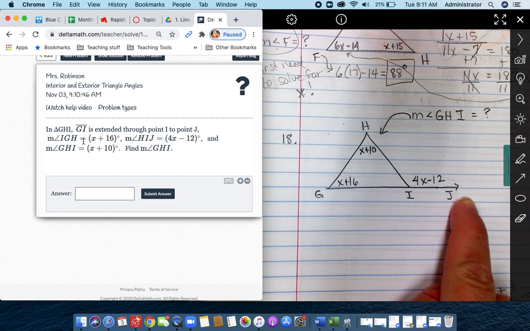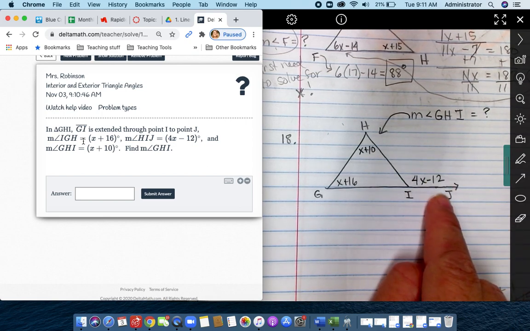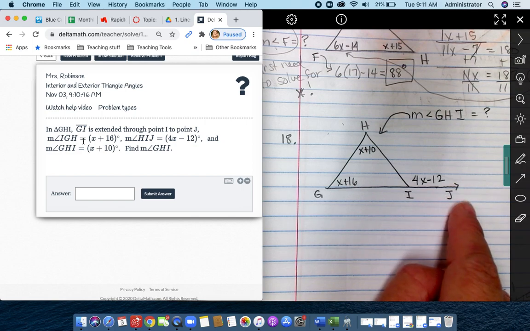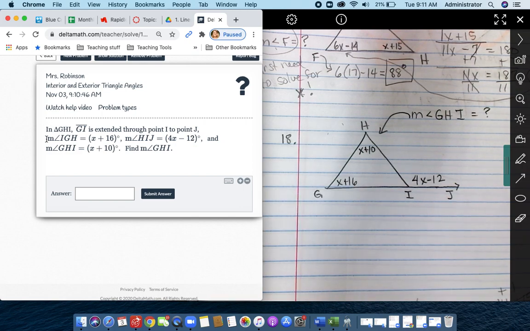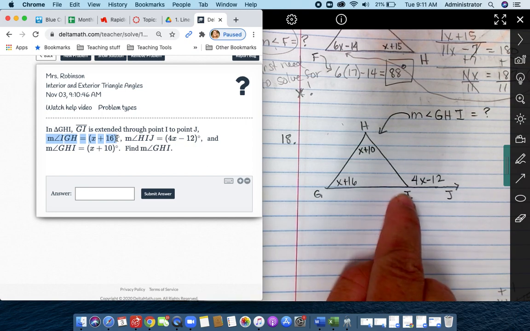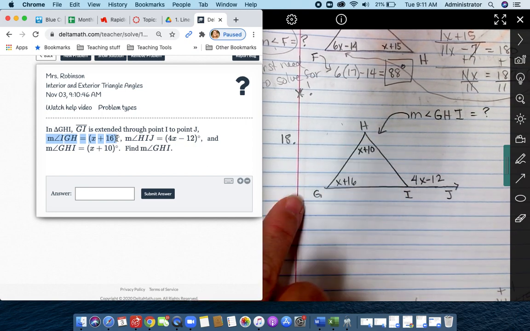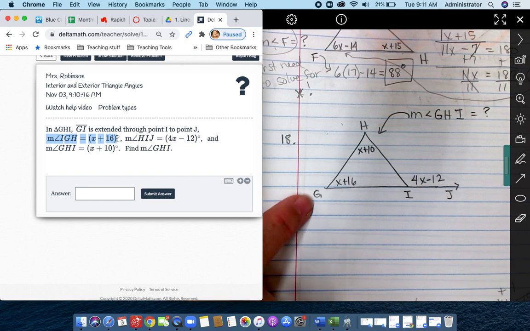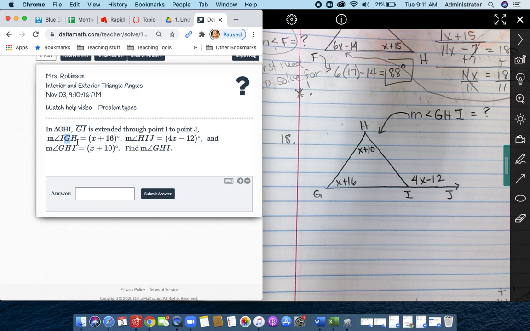So remember when we practiced last Friday, naming angles was very important so that you could fill this in. So it says IGH, so that means I go IGH, G being in the middle, G will be our vertex. So whatever the middle letter is where you put the measure. So see how it says G, that's where you're going to put the x plus 16.